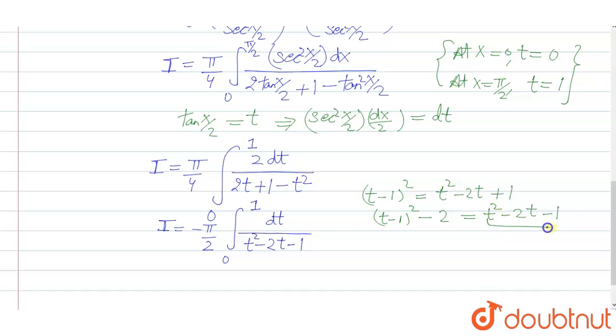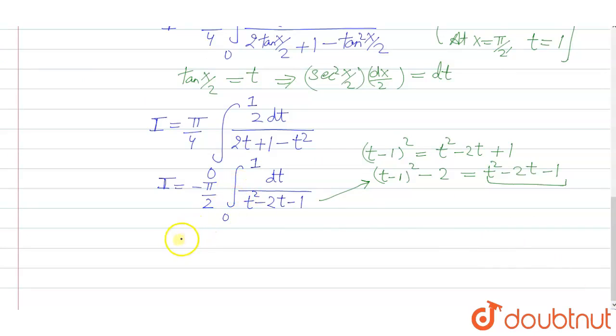This is the same as the denominator, so we can put the denominator value like this. So I equal to minus pi by 2 integration from 0 to 1 dt divided by t minus 1 whole square minus 2.